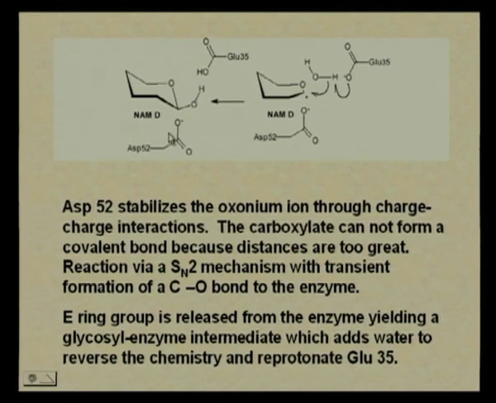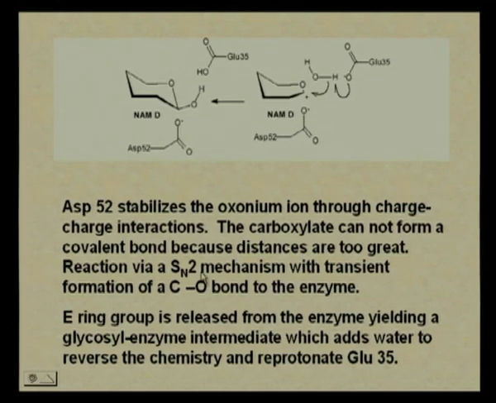The role of aspartic acid here is to just stabilize the oxonium ion, but you understand that that is extremely necessary for this to occur, so that the glutamic acid carboxylate anion has the OH or the water come close by, and O minus can abstract the proton from the water, so that this OH minus can then attack the oxonium ion or link with the oxonium ion to form the NAM.